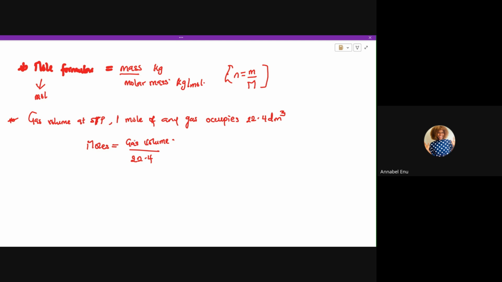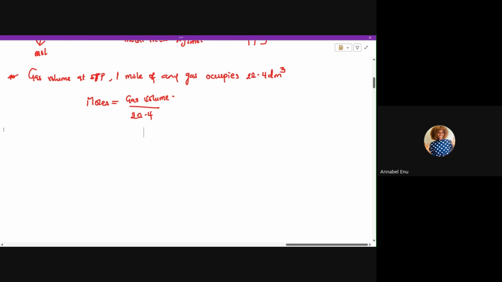Now we also have the concentration formula.